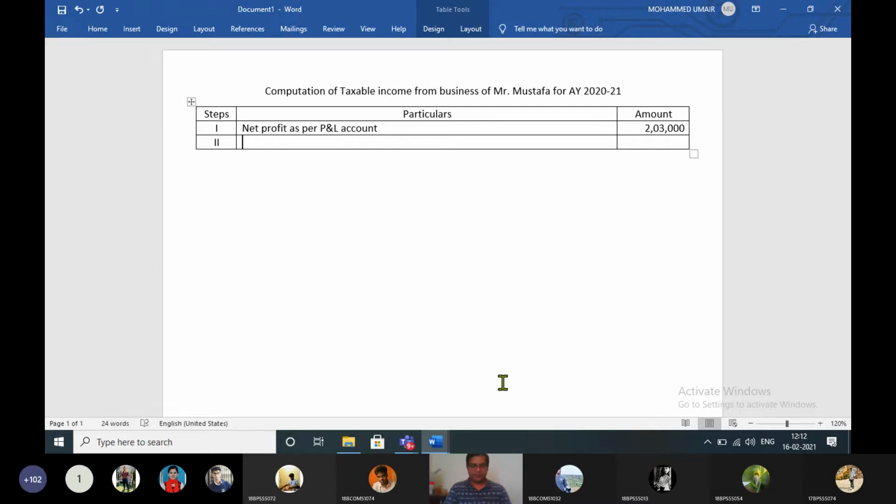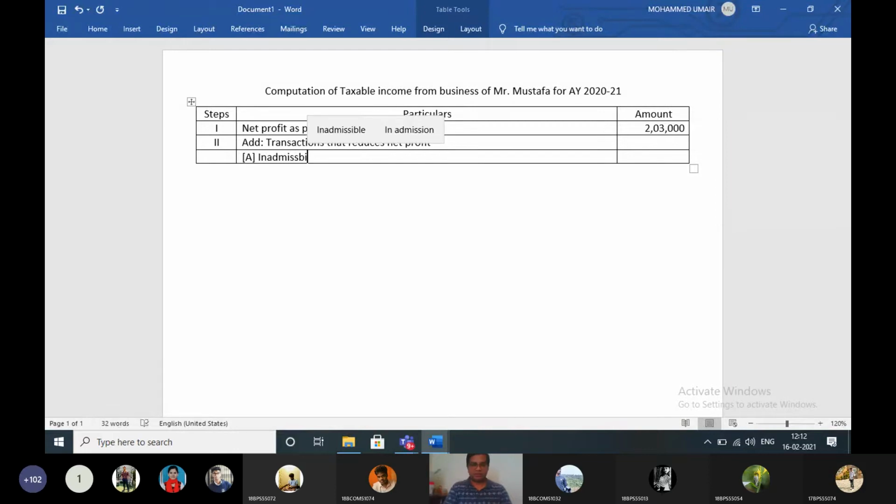Next step, add transactions that reduce net profit. This we have first inadmissible expenses, which means not allowed but debited to P&L account.